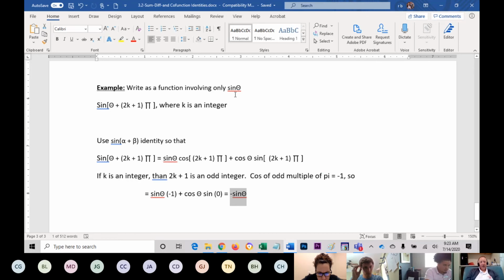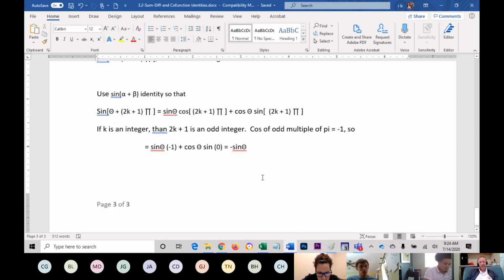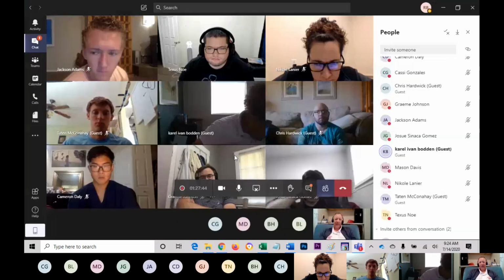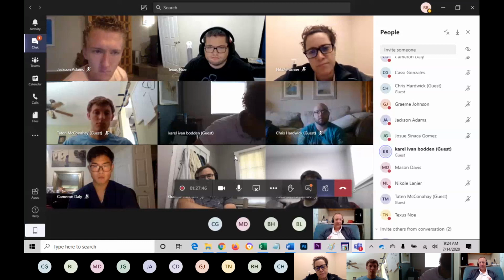So the sine of theta plus an odd multiple of pi is going to be the negative sine of theta. Does that make sense?